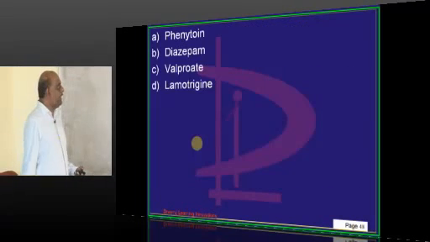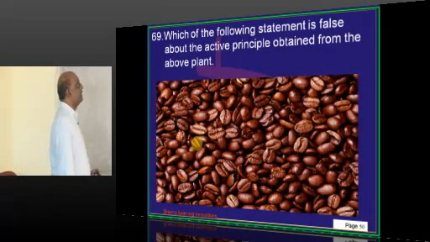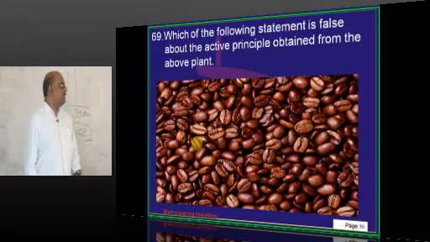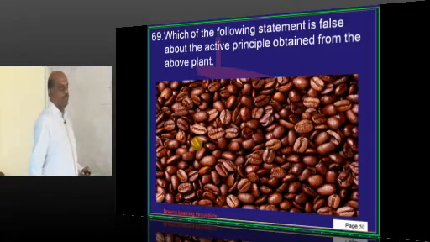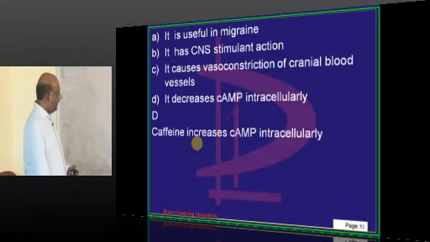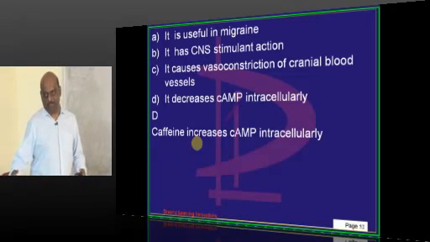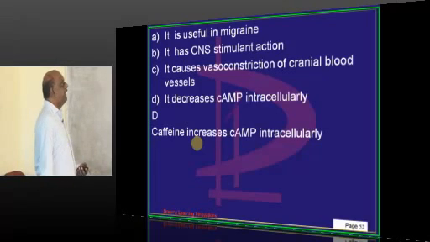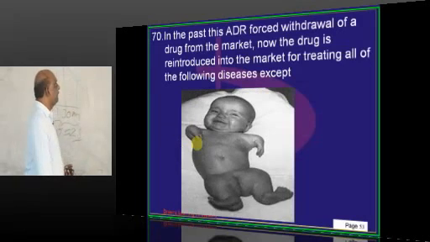So gingival hyperplasia is an adverse effect of phenytoin, one of the easiest questions on earth. Then from this plant, what is the active ingredient? Caffeine, correct. And caffeine increases cyclic AMP. Basically, it does not decrease but increases the cyclic AMP, you should remember.